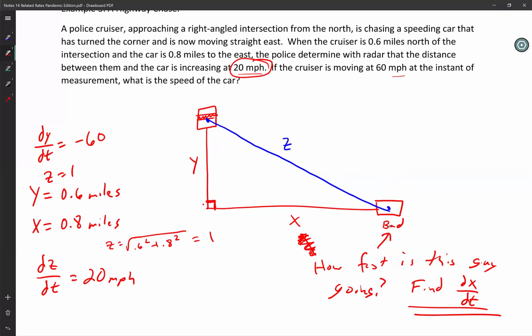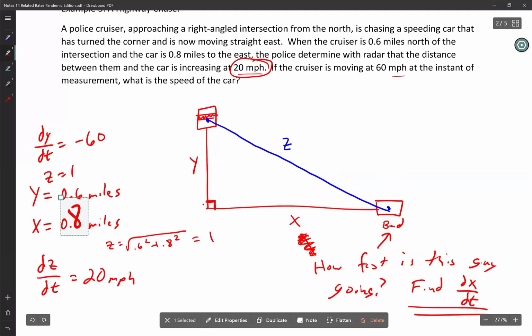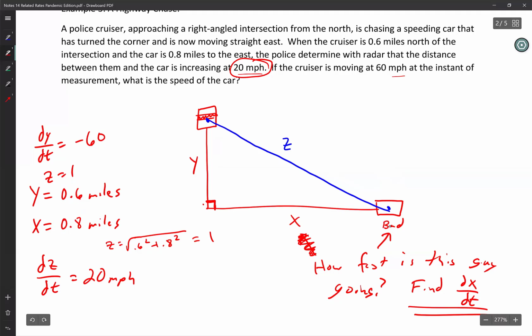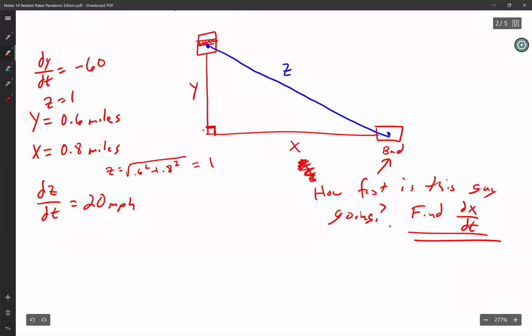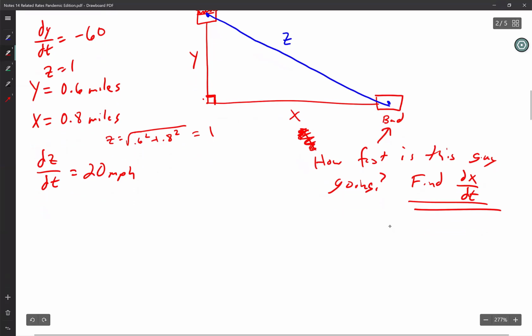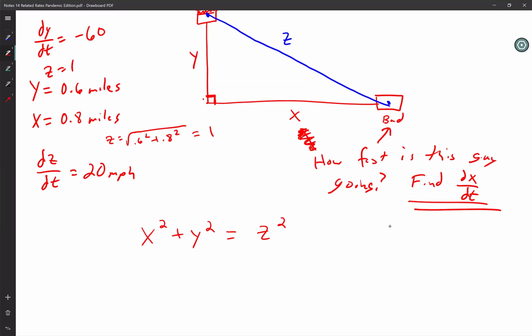All right, we're ready. Can you guys think of a relationship that binds X, Y, and Z together? Pythagorean Theorem. X squared plus Y squared equals Z squared. So I'm going to take the derivative of all three of those with respect to what?